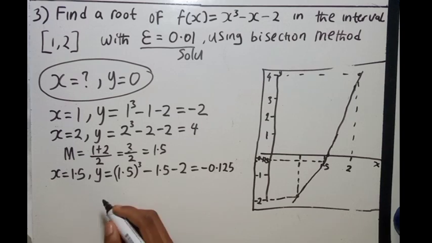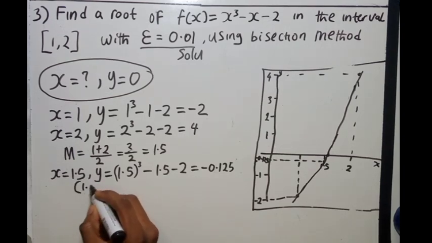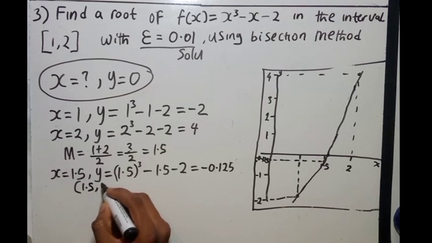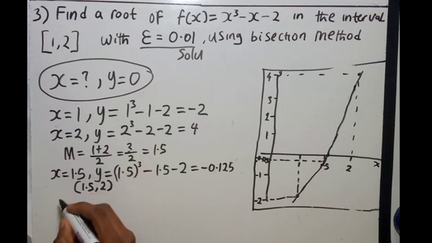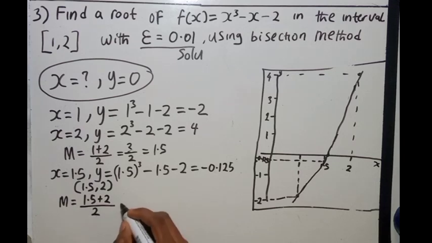Our new interval is now 1.5 and 2. Now in between the two of them, we have 1.5 plus 2 over 2. This will give us what?